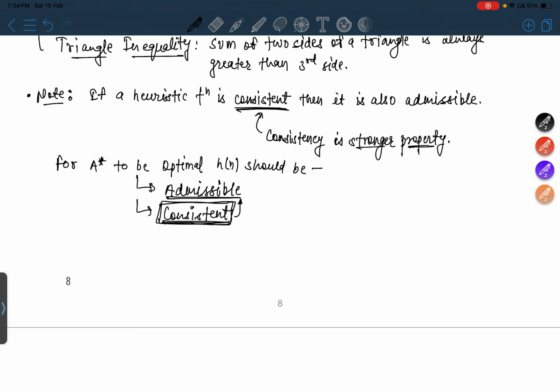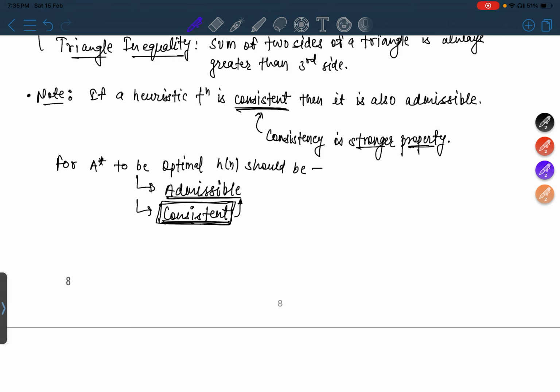Now we can talk about the proof of optimality for A star, कि why do we need these two properties to be true for A star to be optimal? But that proof is given in the slides. You can check those slides, but we will not dive into that. The idea is simple.